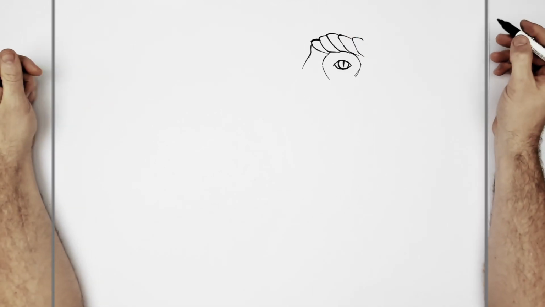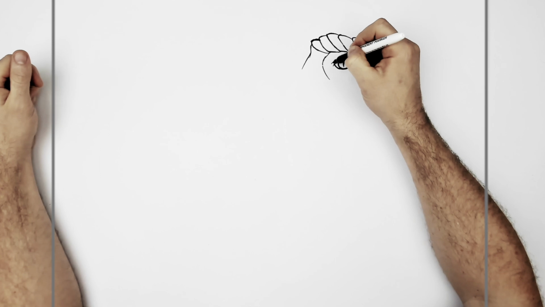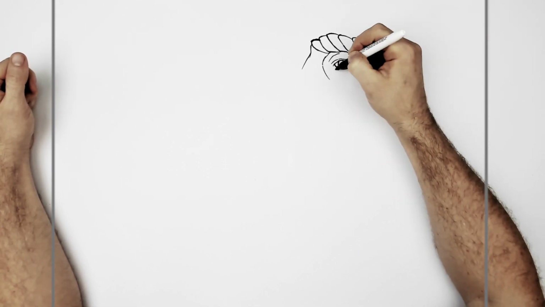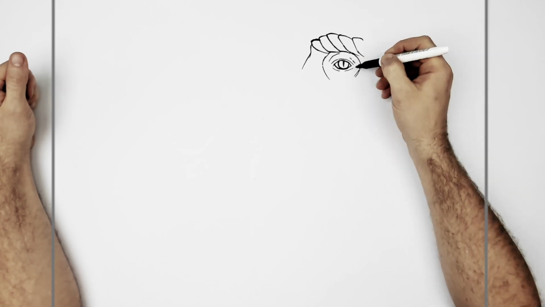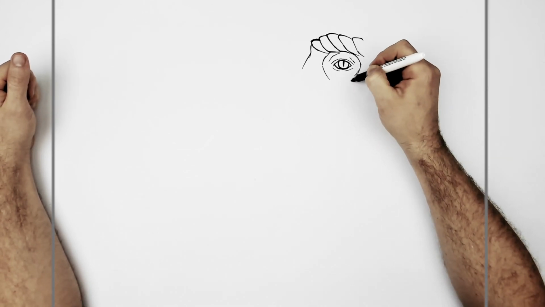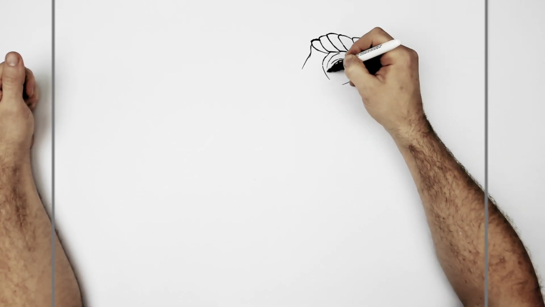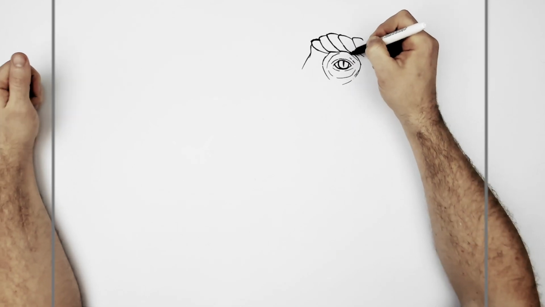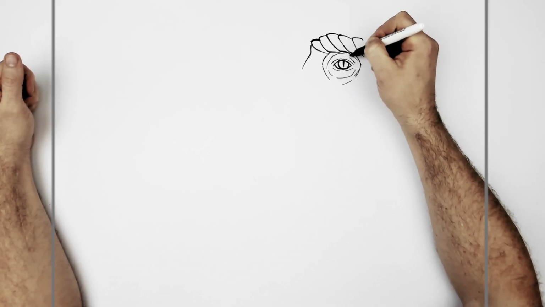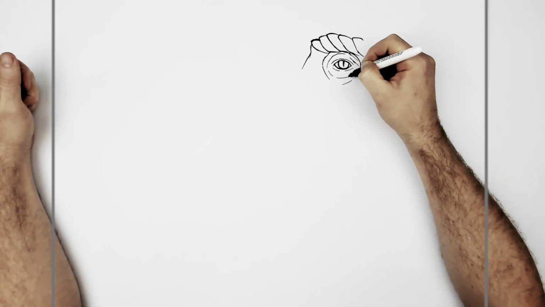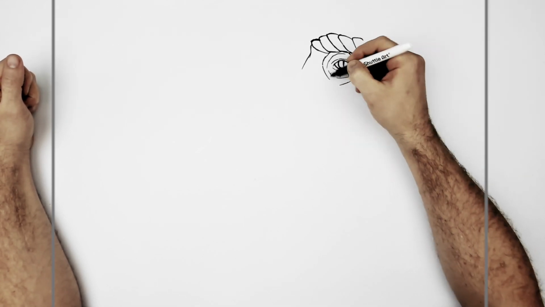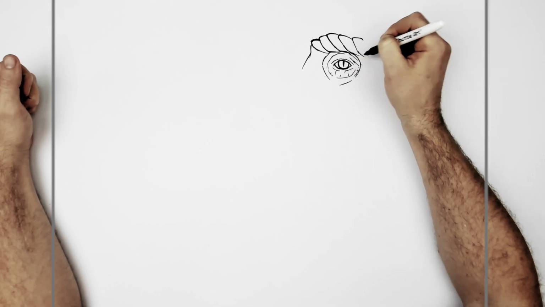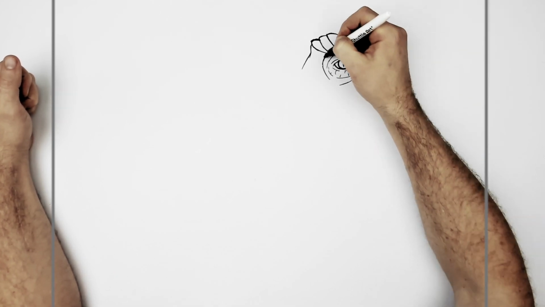Right, so then inside here, we've got eyelid lines and skin lines and stuff, bags underneath his eyes and everything. And some textures and everything in there.